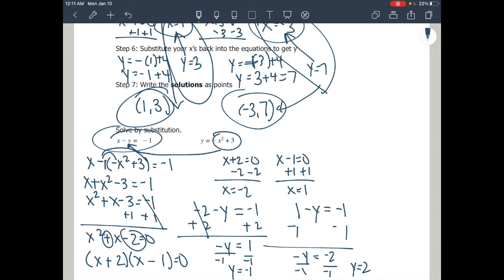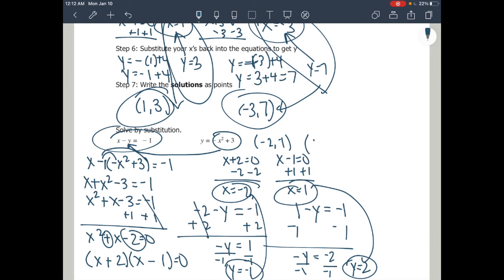So then I'm going to write my last step, which is write the solutions as points. So these go together, and these go together, and that's going to be really important on organizing your work. So I've got negative 2, negative 1, and also 1, 2 as answers. So just make sure you're very careful about keeping those pieces separated when you're solving.